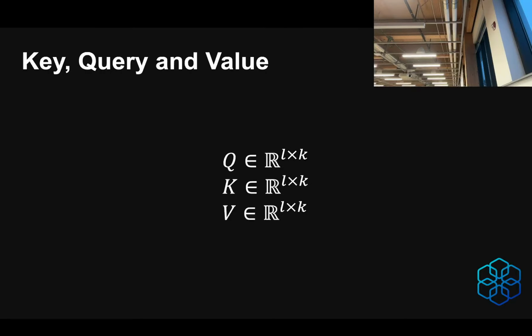Before we move on, we have to make sure we have our dimensions in check. We need to know what we are multiplying and the shape of everything, because I think it is very important to know all the inner workings of a structure. These are our three matrices going into the attention block.